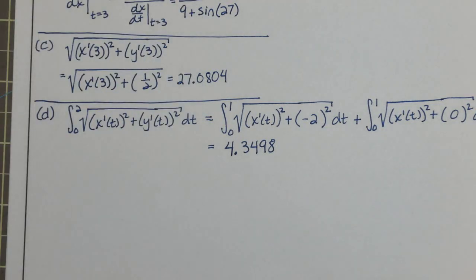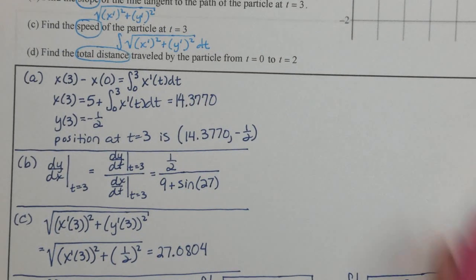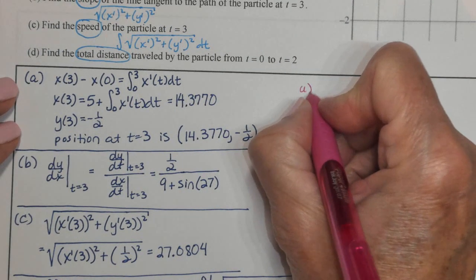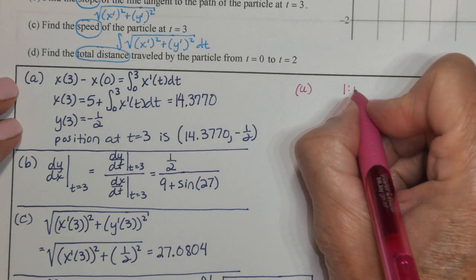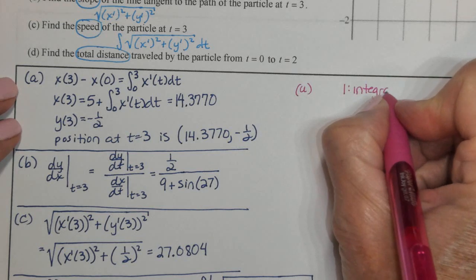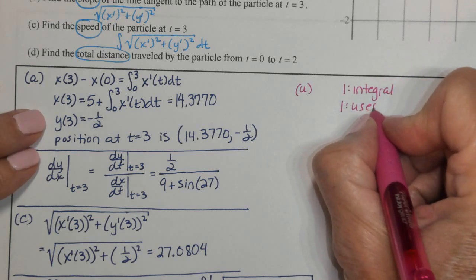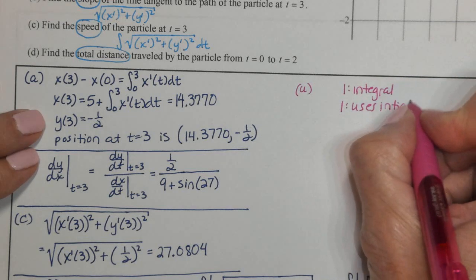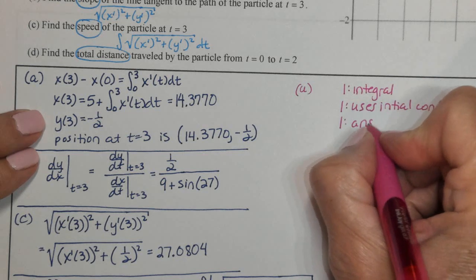Okay, let's see how they scored this. I don't have that sheet in front of me, so I'm going to... Okay, I'm back. Got how they scored this. Part A was 1 point for the integral, 1 point for uses initial condition, and 1 point for the answer.